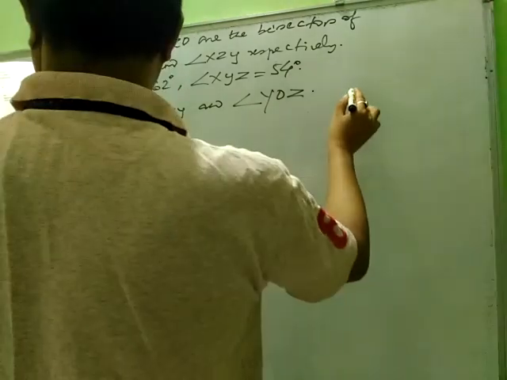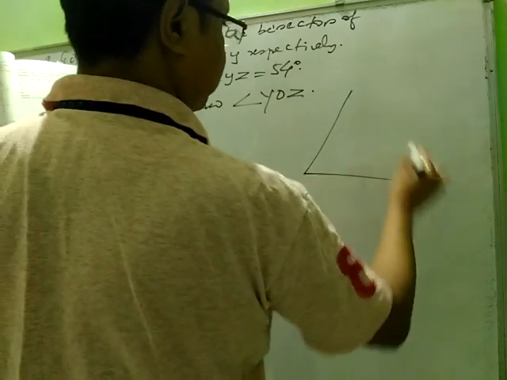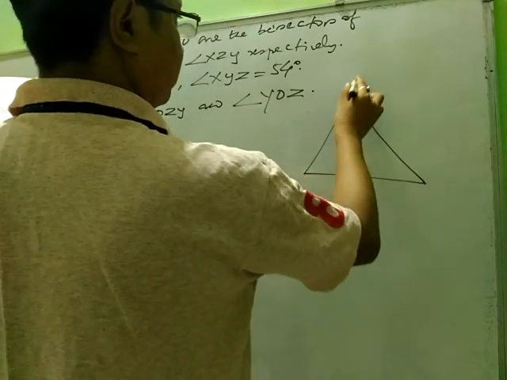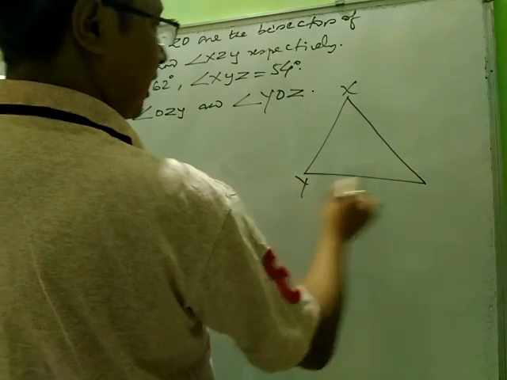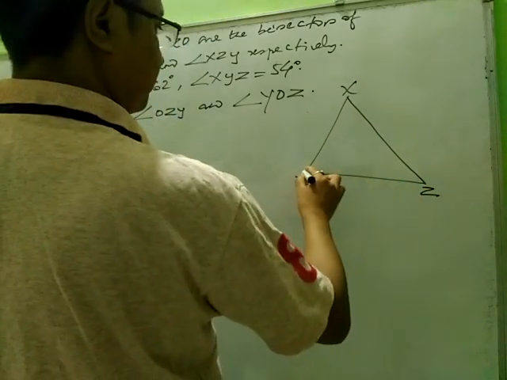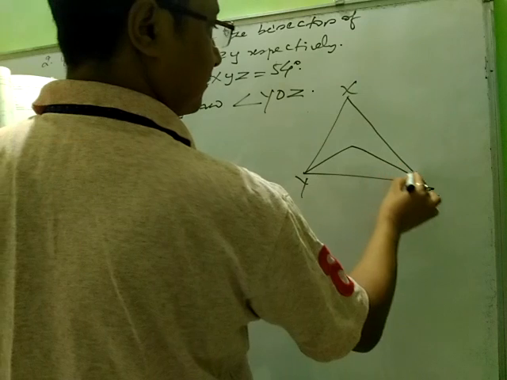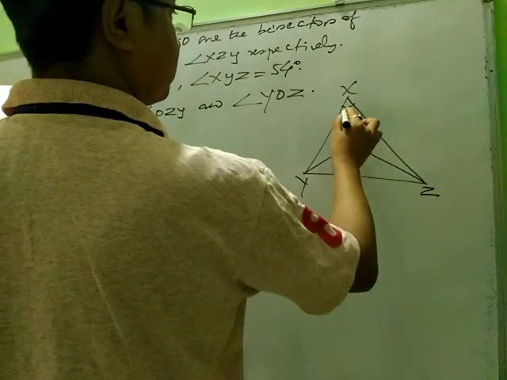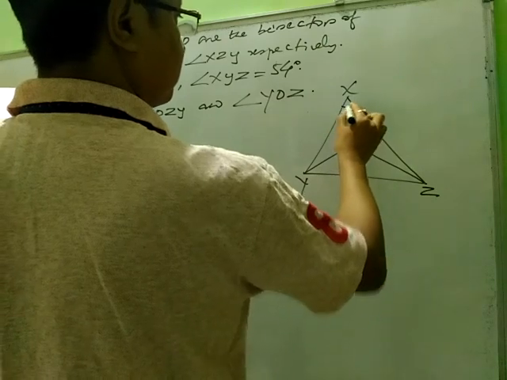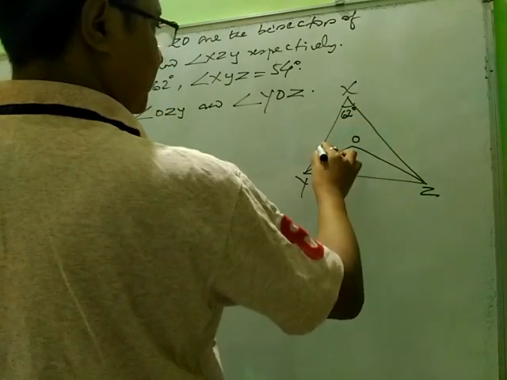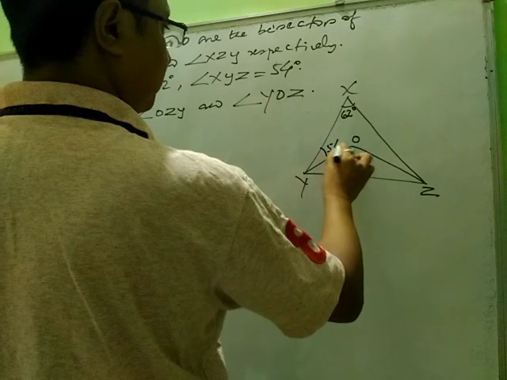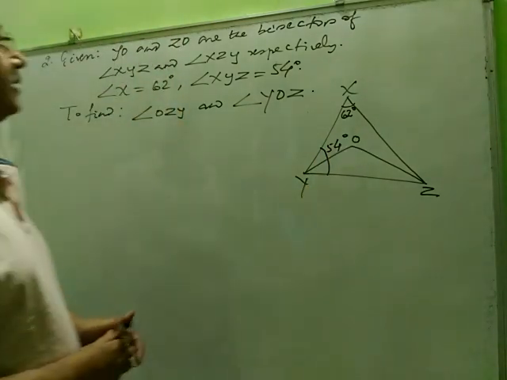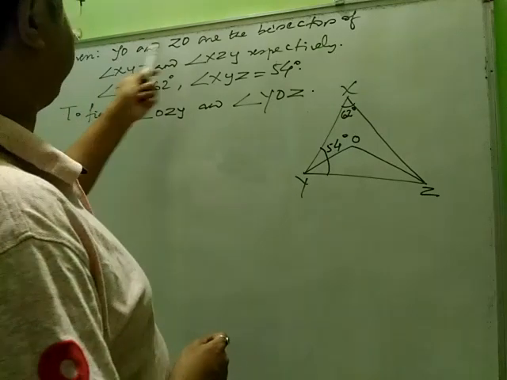So the drawing is given: X, Y, Z. And here it is given 54. Let us use these terms YO and ZO.